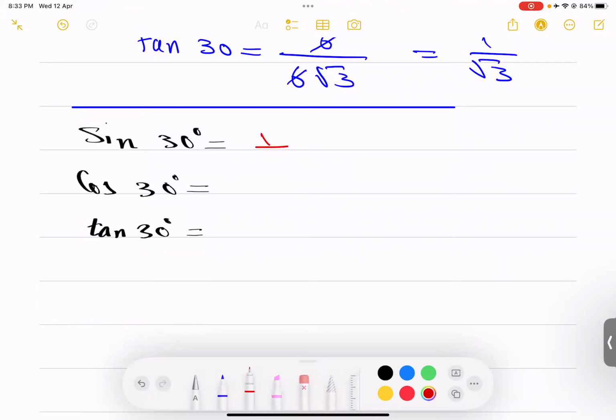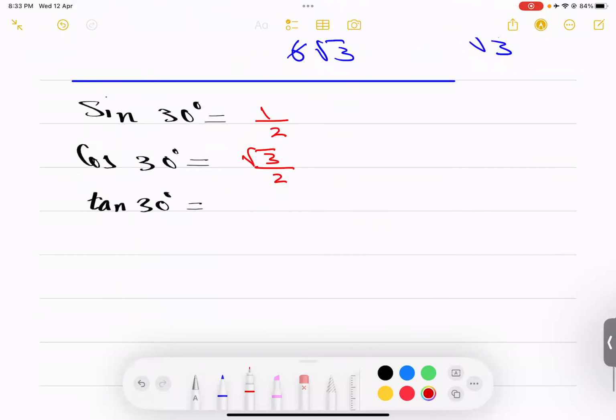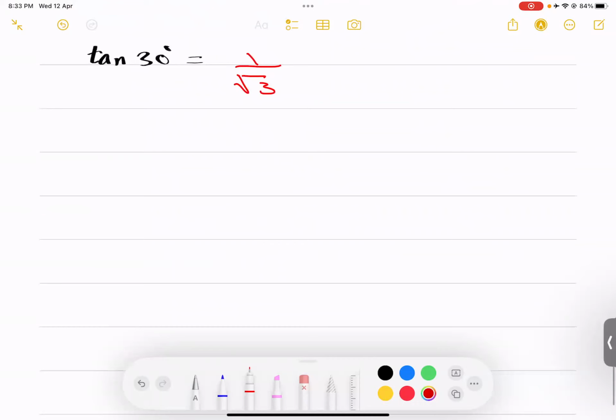So sine 30 is going to be half, cosine 30 is going to be root 3 over 2, as we got, and tan 30 is going to be 1 over root 3. And it's really important to help you understand how to get the reciprocal of cosec, sec, cotan. So right now, let me go a little bit farther to something else. What if you have something else like this?